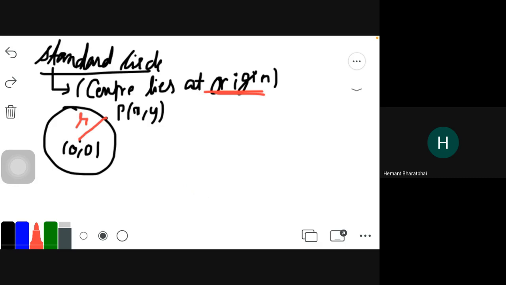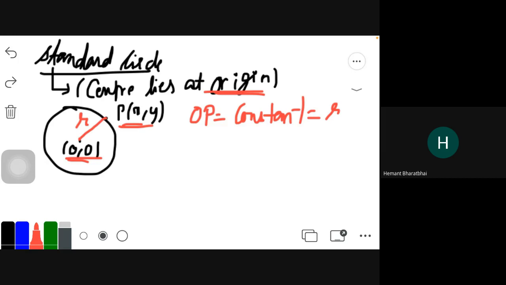It is a locus of all such points which are equidistant from a fixed point, that is the center. And that equal distance is nothing but the radius, which means the distance of the point from the center, that is, the distance OP is constant. This is what it means. And that constant distance is nothing but r.